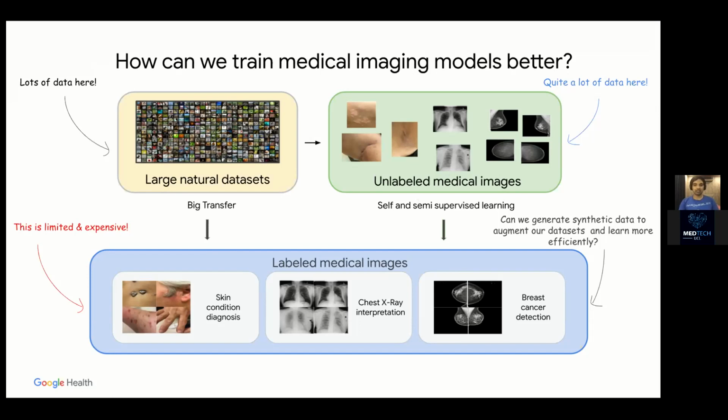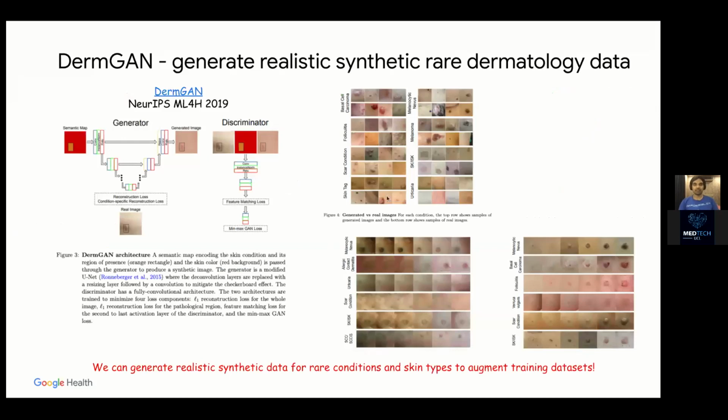Towards that, another paper that we had was using generative models, specifically GANs, to generate realistic synthetic rare dermatology data. We use a model known as Pix2Pix, and we have a semantic map, which represents basically the skin color and the skin lesion, and we use these models to translate it into an image with a given skin color and lesion for us.